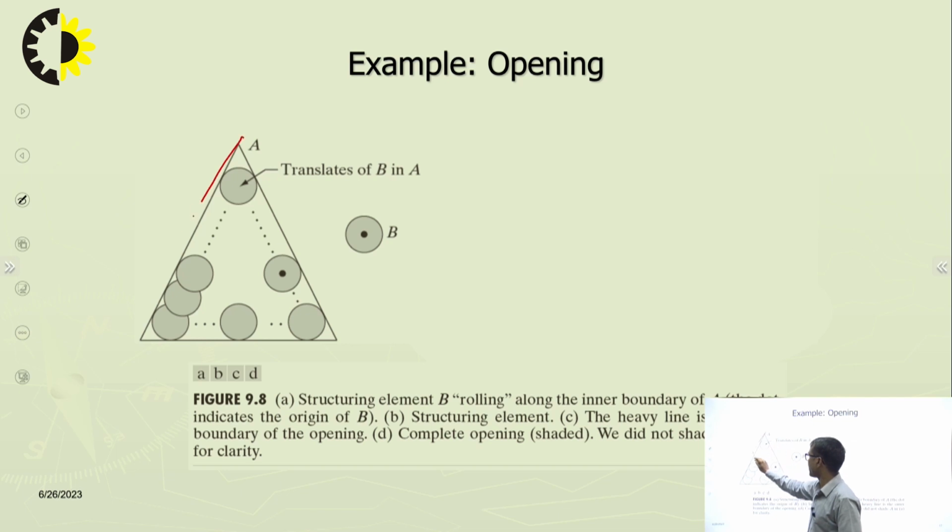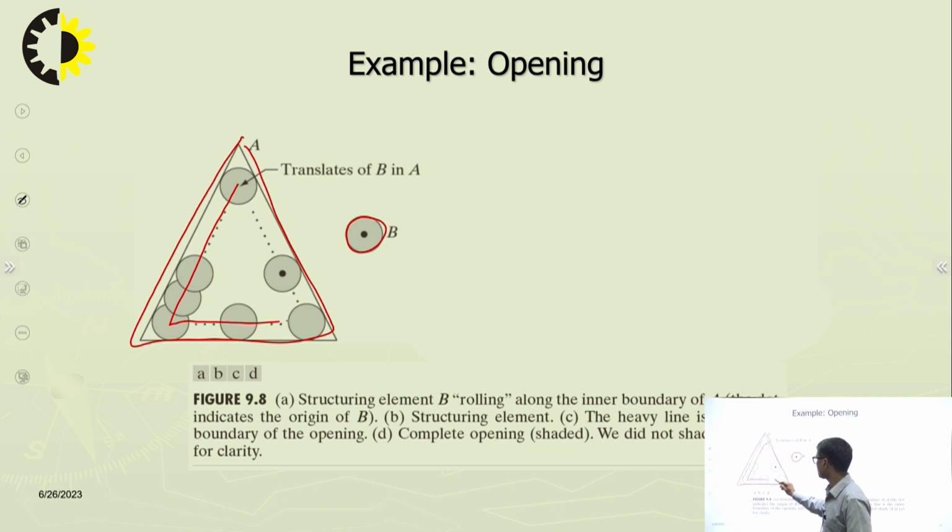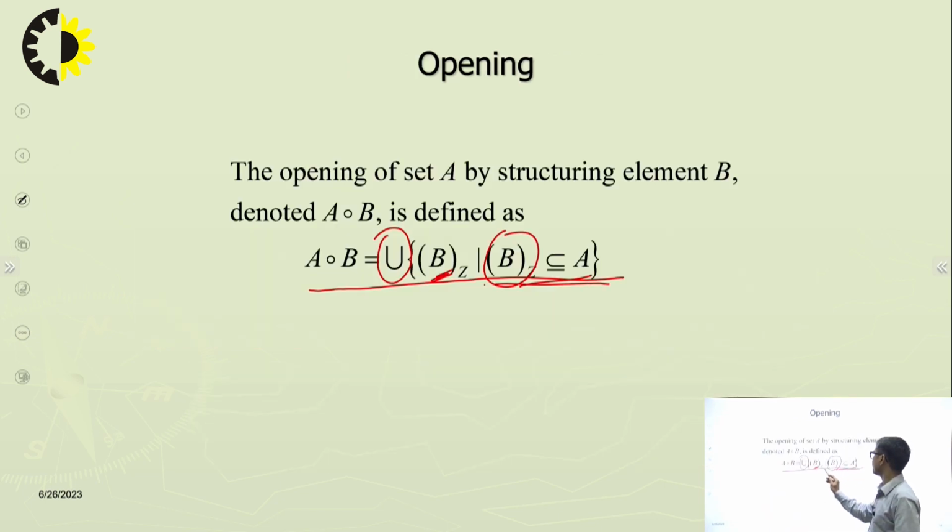Consider this as A, and there is a structural element B. When we move this B inside this triangle, we will see that at these points B is a subset of A. So we are taking the union of all the Bz.